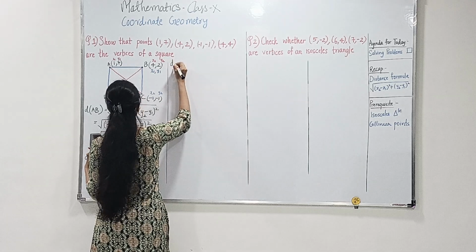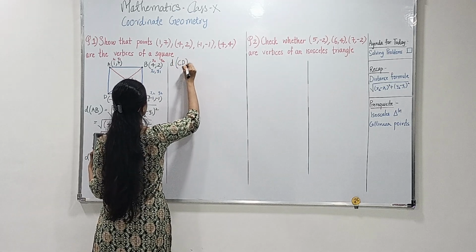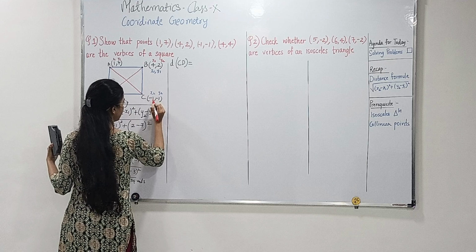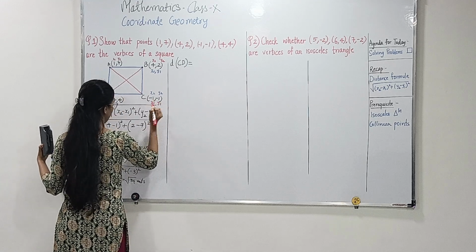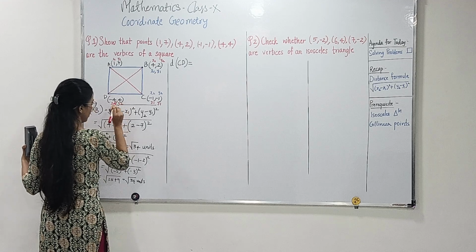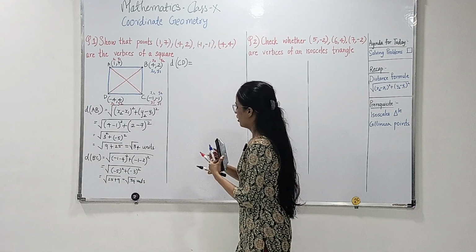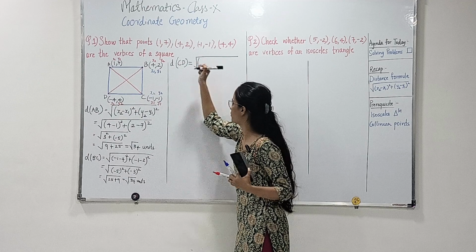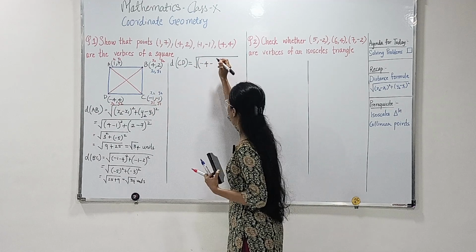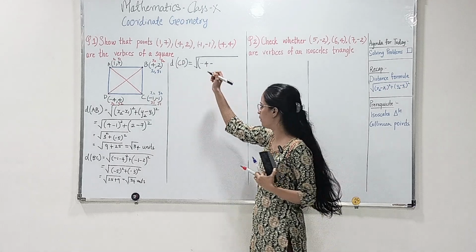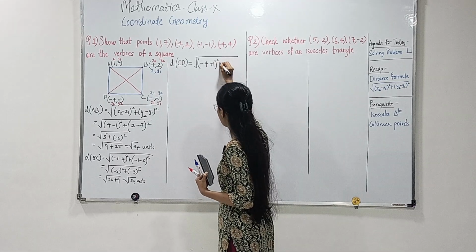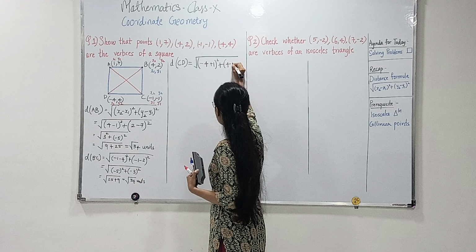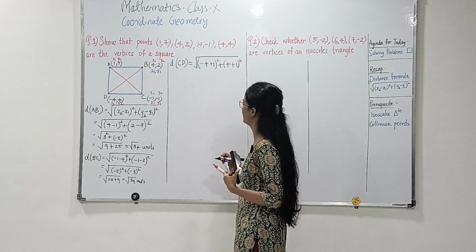Similarly, we are going to calculate distance CD. Right? Now, here if you see, this is your x1, this is your y1, here this is your x2 and this is your y2. So as per the formula, I will be getting under root of x2, which is minus 4, minus x1, which is minus 1, and minus into minus is plus, so I'll be getting plus the whole square, y2, which is 4, and again since there is minus 1 over here, so minus and minus becomes plus, right?